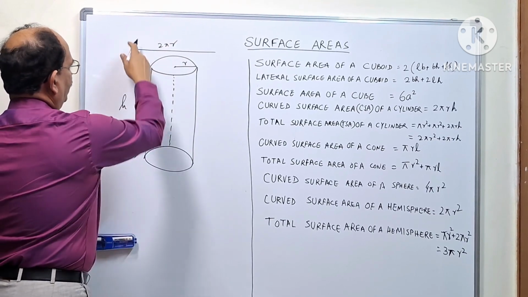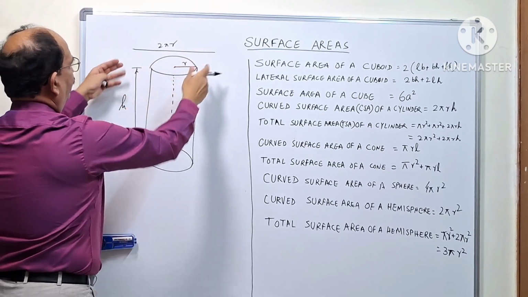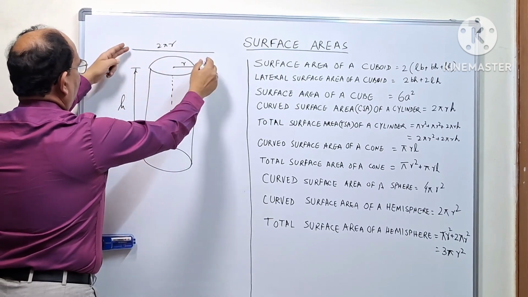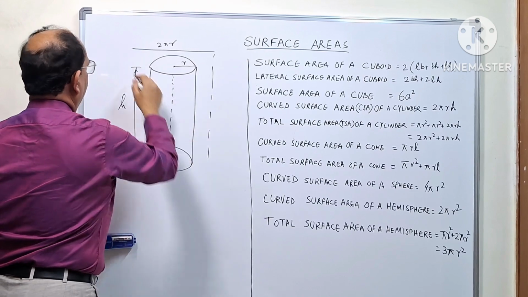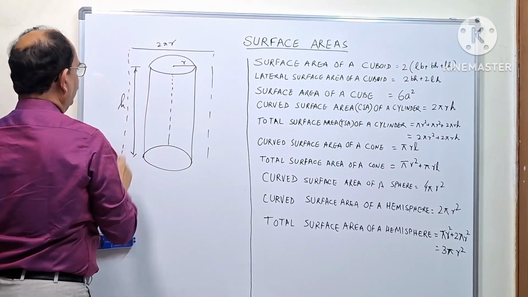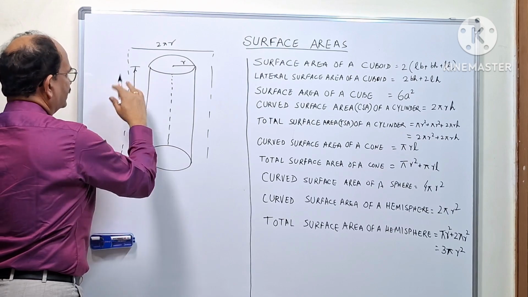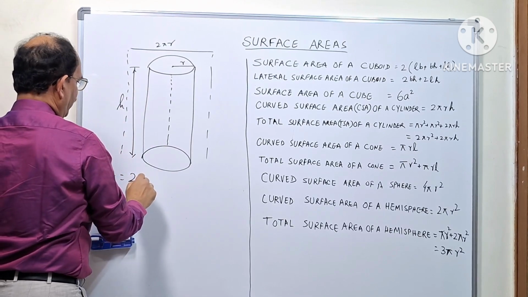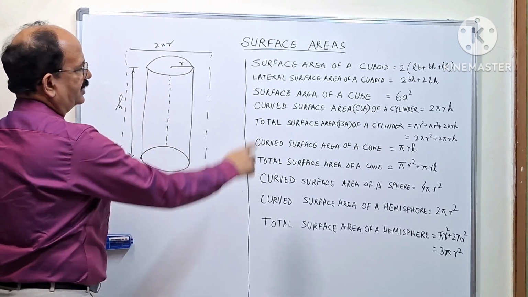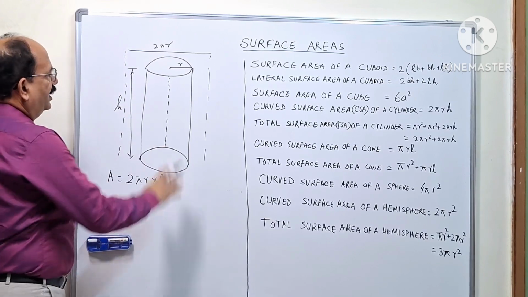It becomes a rectangular shape, and this side will be of height h only. Therefore the surface area will be 2 pi r into h. That is how the curved surface area of a cylinder appears.